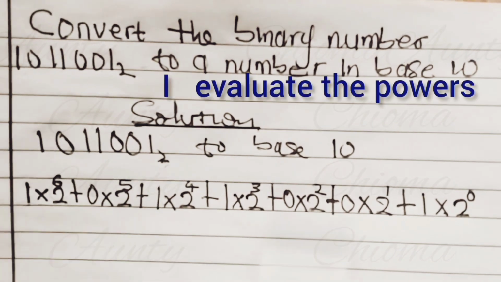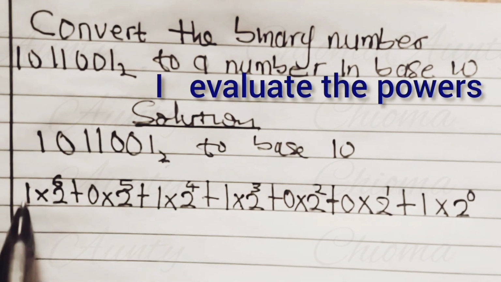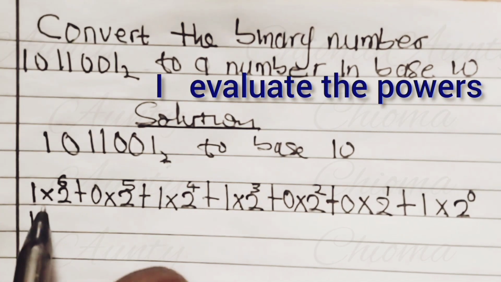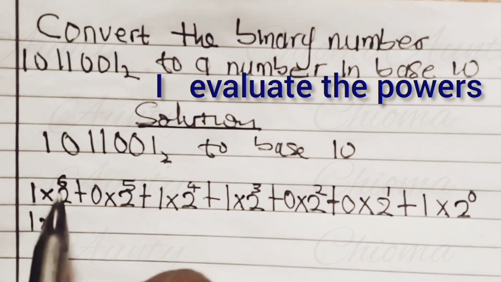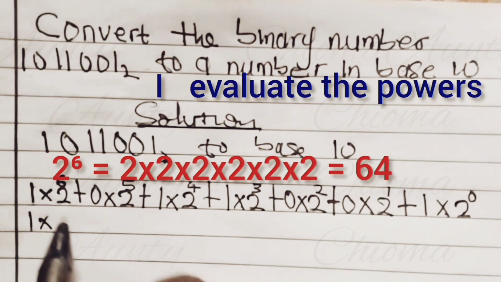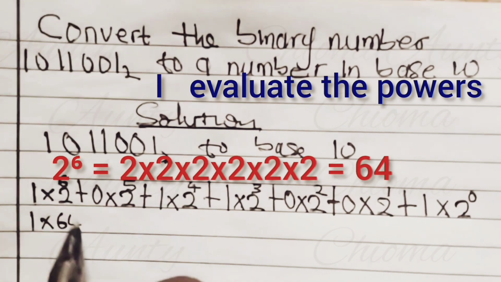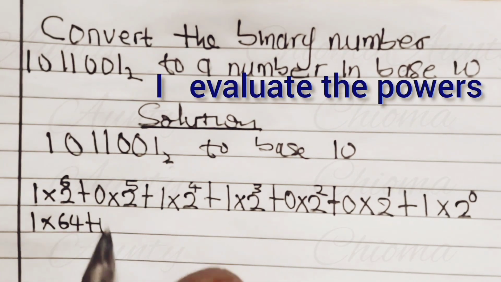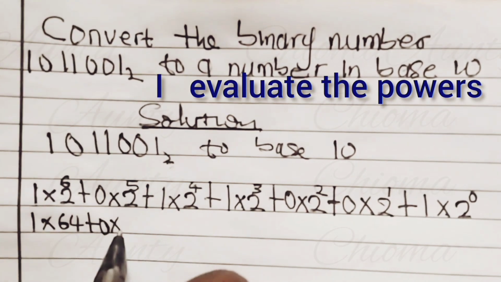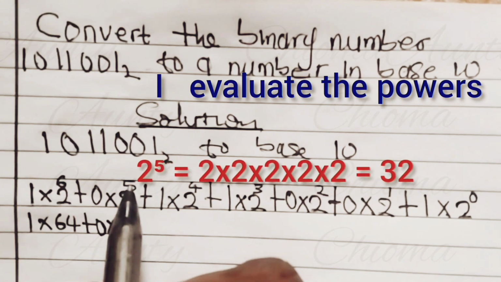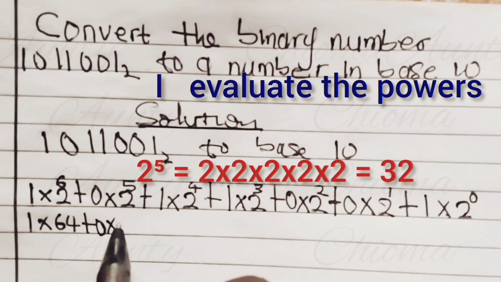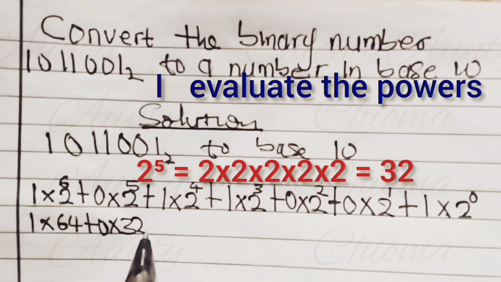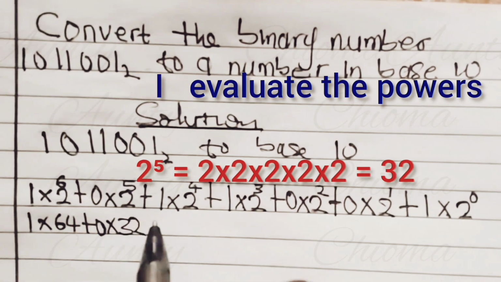Now I evaluate it. I start with this one: 1 times 2 raised to the power 6 is 64. So 1 times 64, plus 0 times 2 raised to the power 5, which is 32. We'll be dividing it by 2 now.